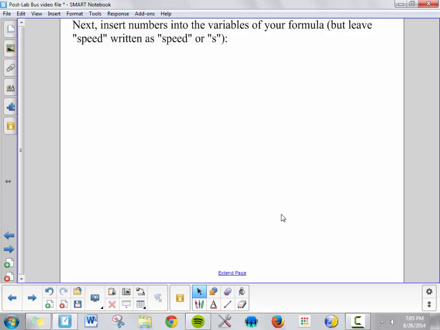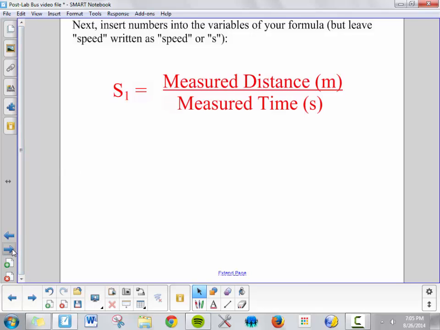So below the speed is equal to distance over time, you would write speed is equal to your distance, which would be 10 meters or 10.1 meters or whatever you measured for your team, divided by the time you measured, which would be your value in seconds. Speed is some numerical distance divided by some numerical time. Make sure you include the units here as well.